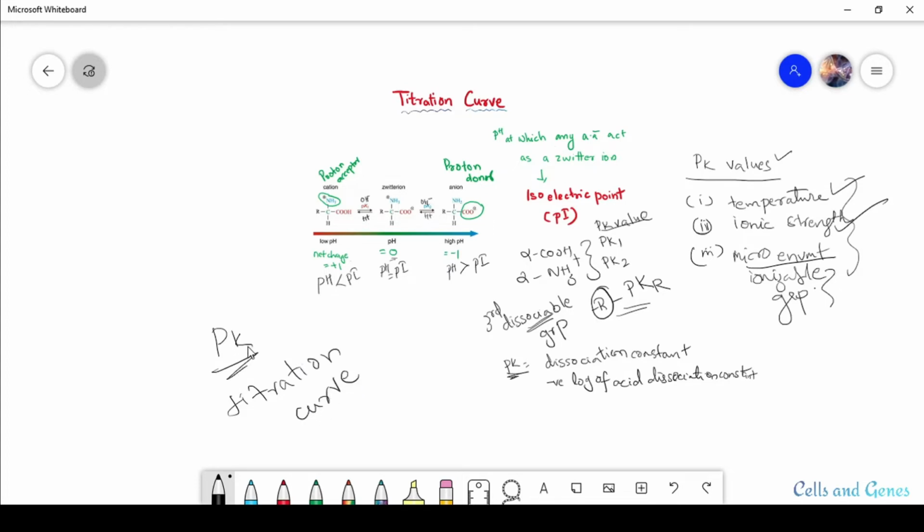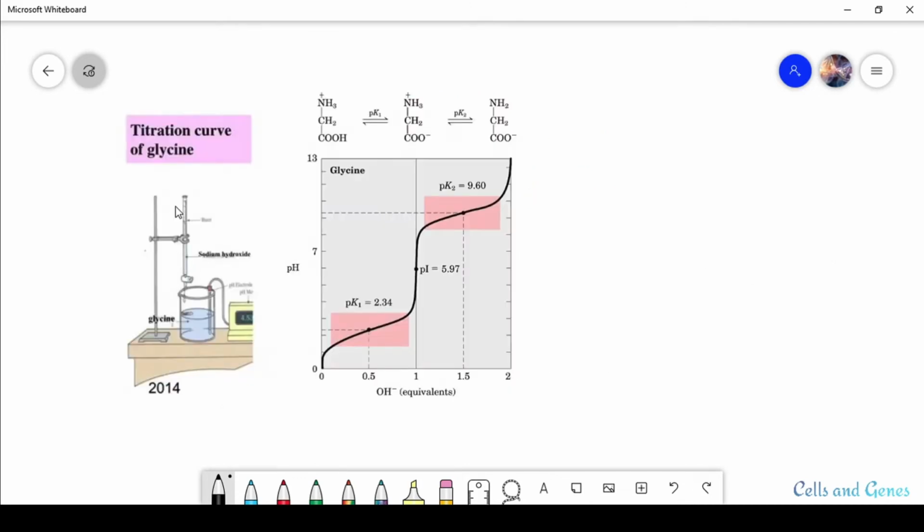We will see how we use these pK values: pK1 for the alpha carboxylic group, which is protonated here and will lose its proton, and pK2 for the amino group. Now let us look into the titration curve of glycine.